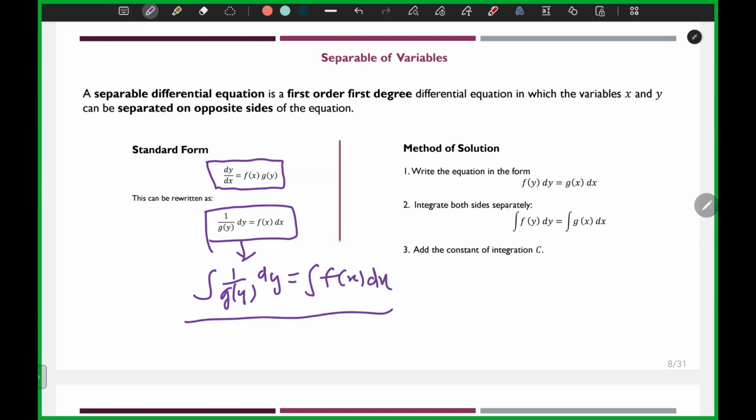This is right? Yes, sir. And here we are left with the constant of integration. Okay, so remember this thing.